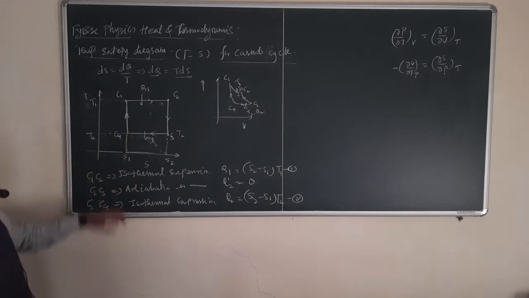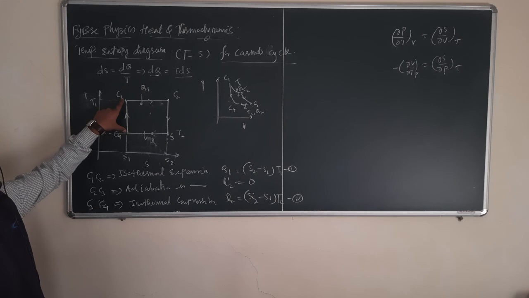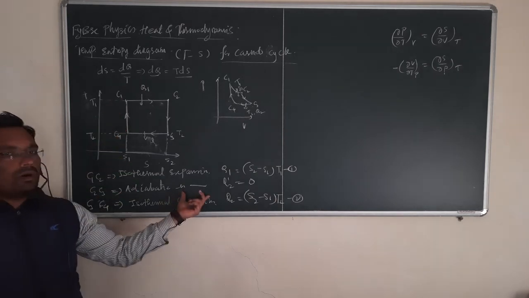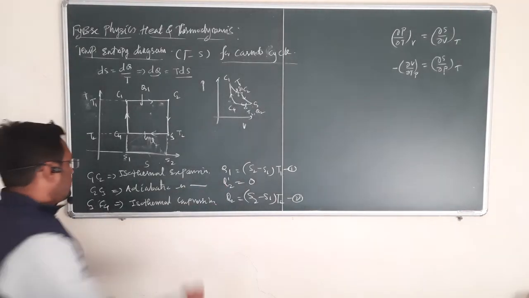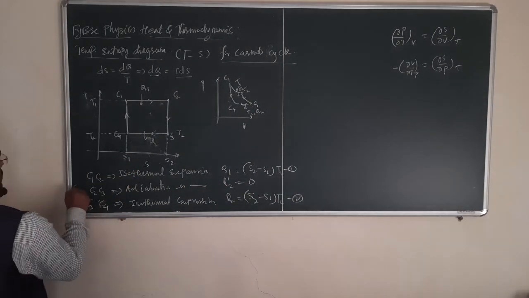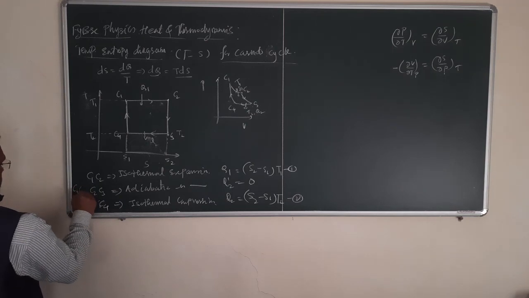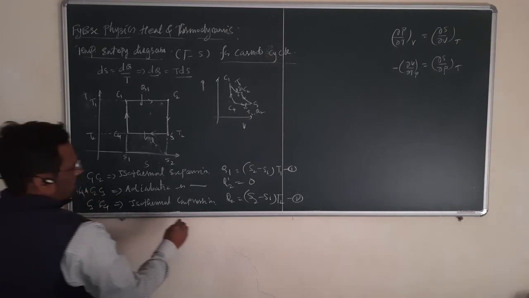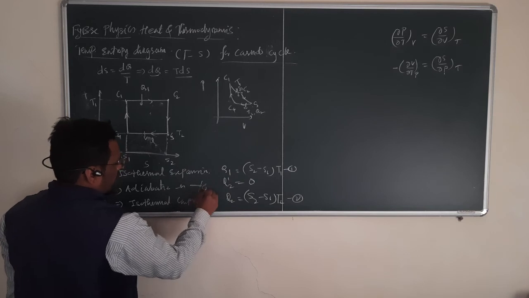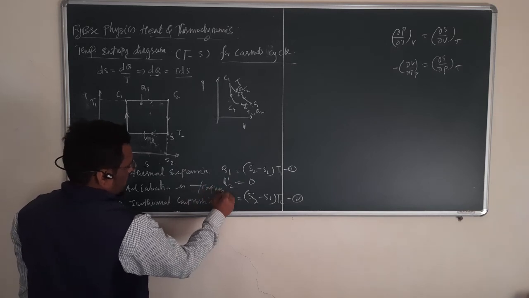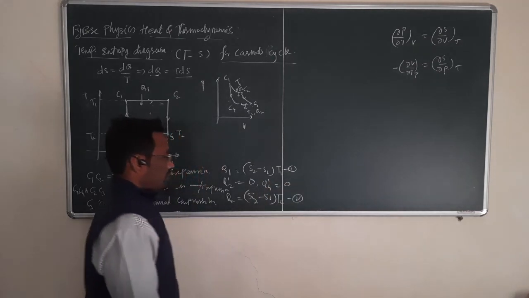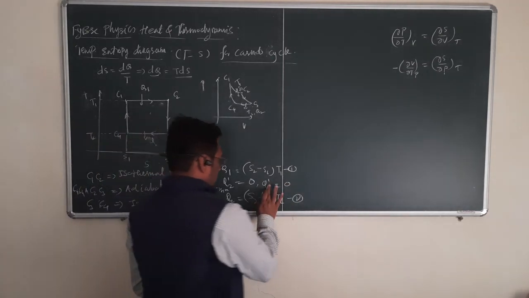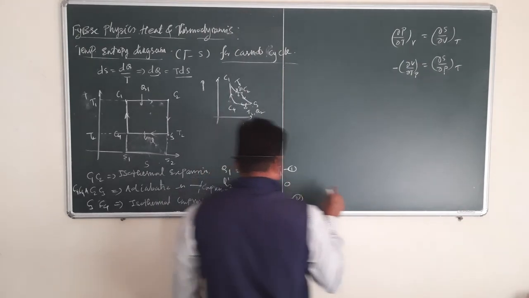And along C4, C1, since this is adiabatic compression, no heat energy is absorbed or rejected. Again similarly that will become 0. So Q4 dash is 0. Here we can take the symbol Q3 also.